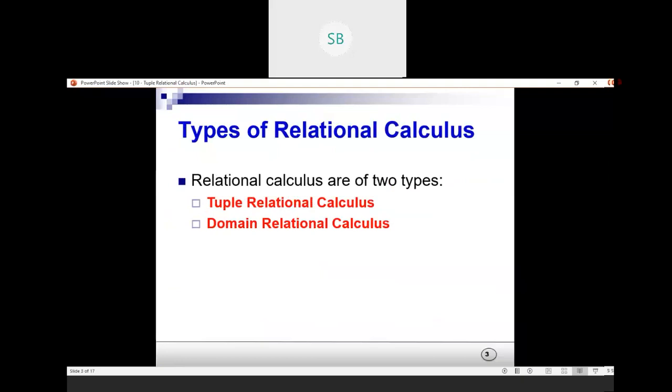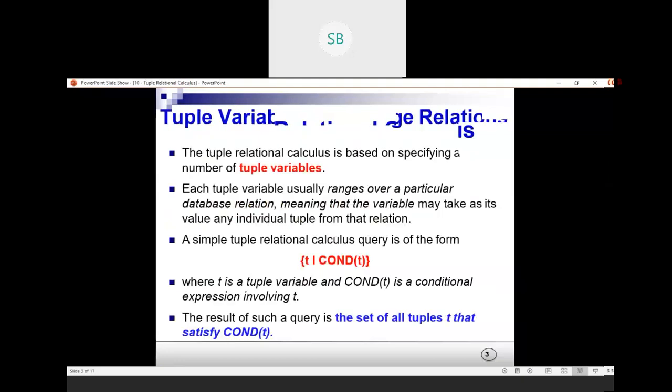Relational calculus is of two types: tuple relational calculus and domain relational calculus. Domain relational calculus we haven't discussed yet, but tuple we have just gone through once. In the tuple relational calculus, we have the tuple variable. So what is a tuple variable? A tuple relational calculus is based on specifying a number of tuple variables.